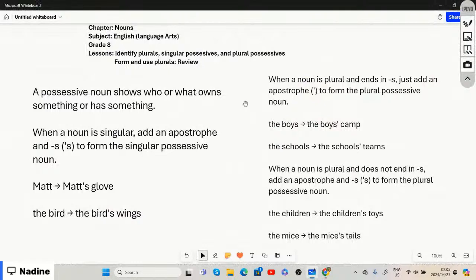And the lessons that we're going to be focusing on are to identify plurals, singular possessives as well as plural possessives, and to form and use plurals.